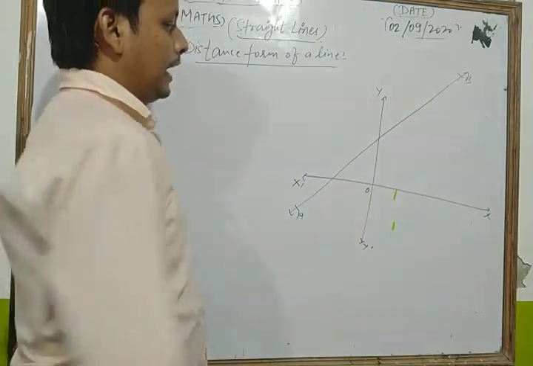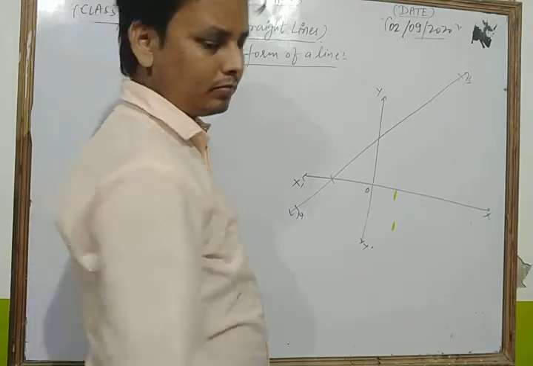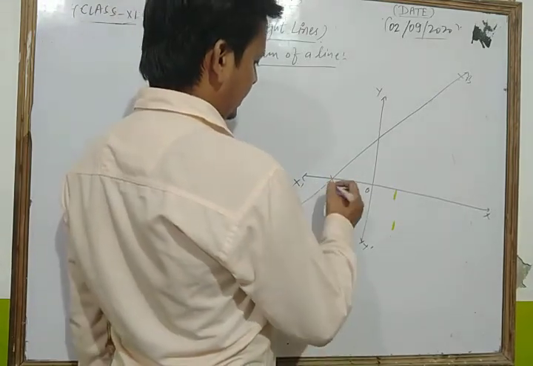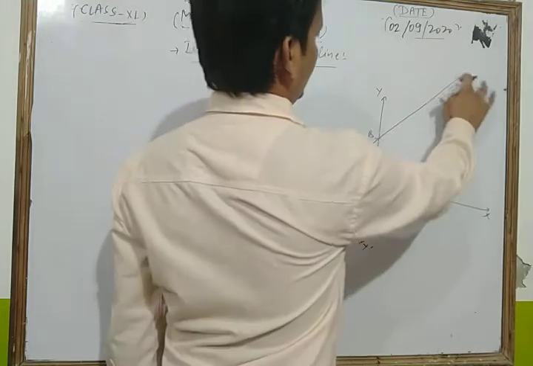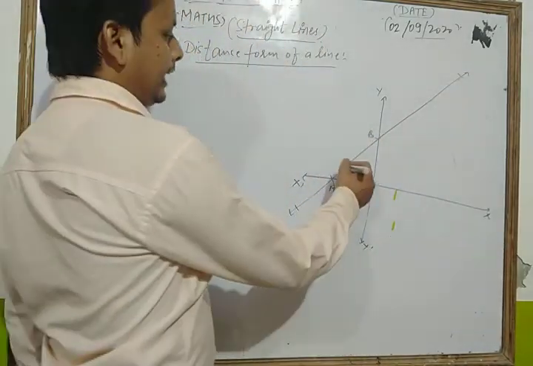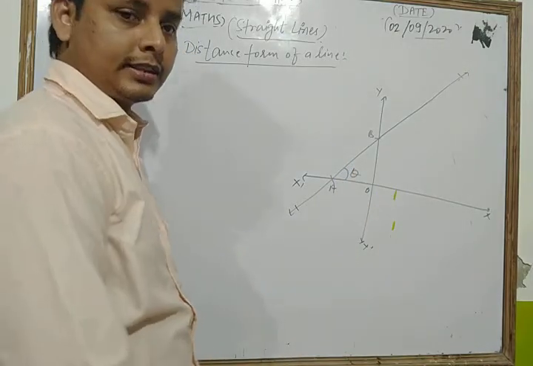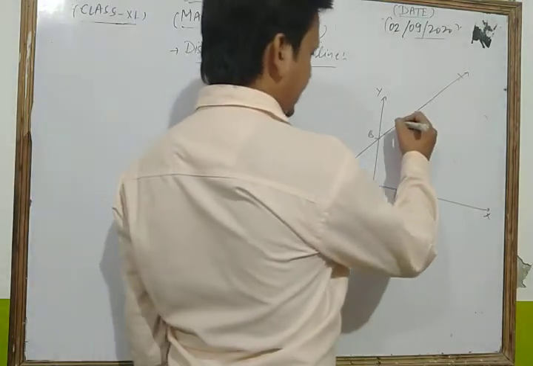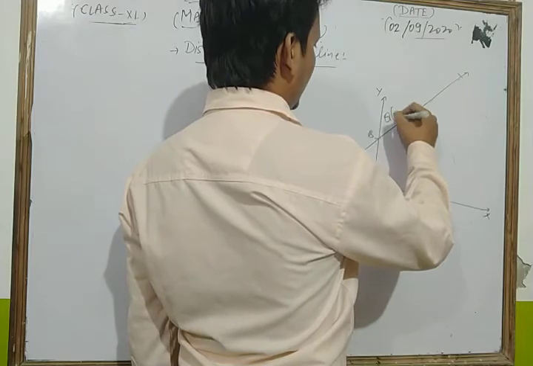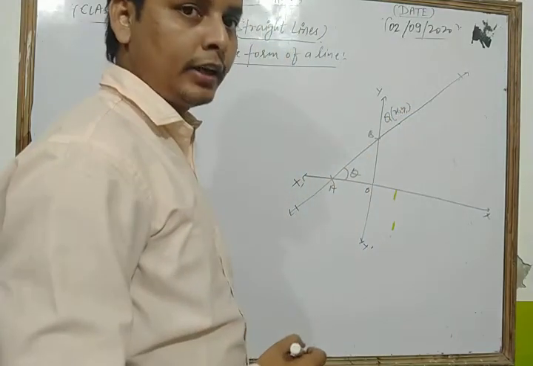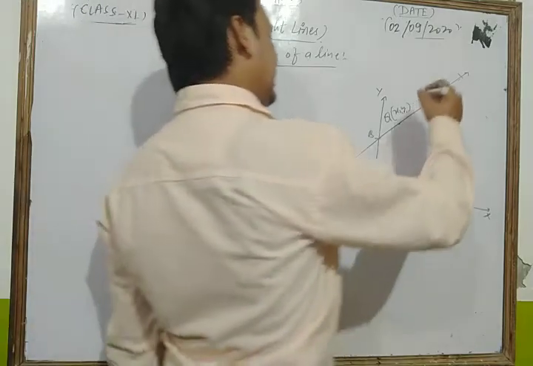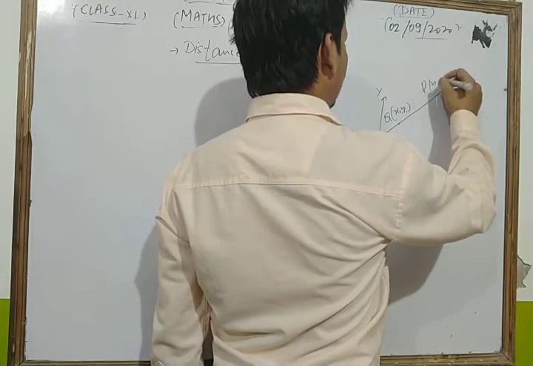Suppose the line cuts the x-axis at point A and the y-axis at point B, making an angle theta with the positive direction of the x-axis. Let us take that the line passes through the point (x1, y1), and let P be any point on that line.